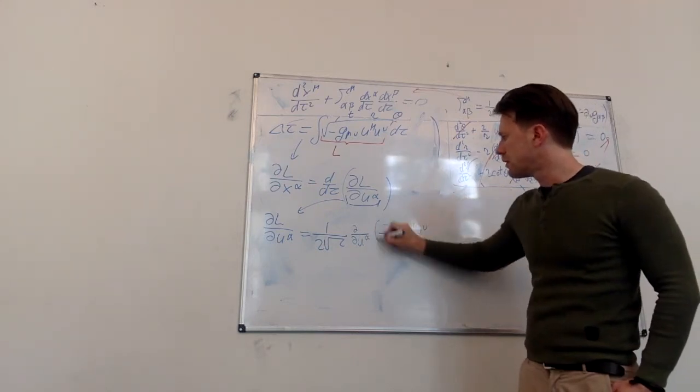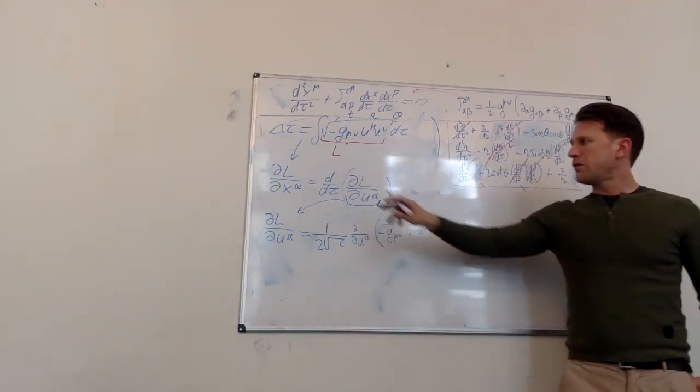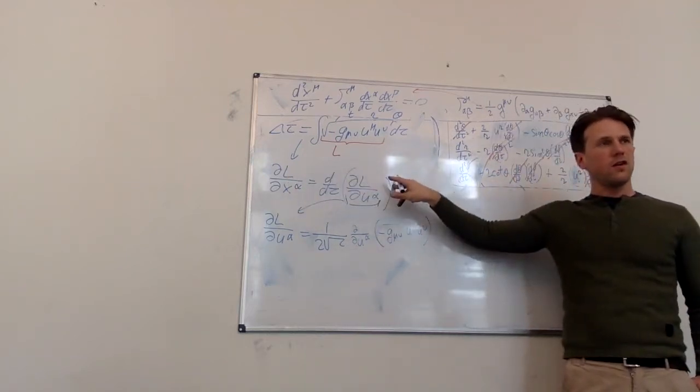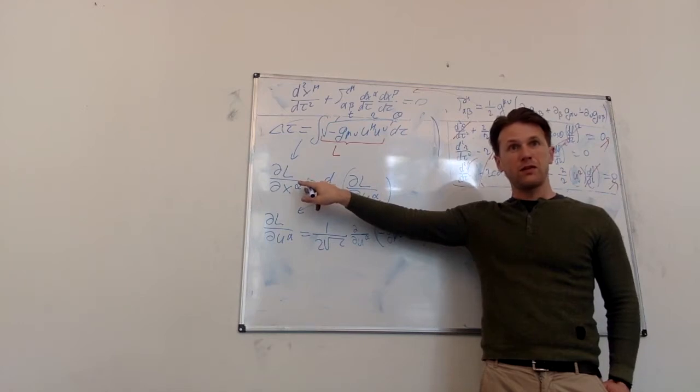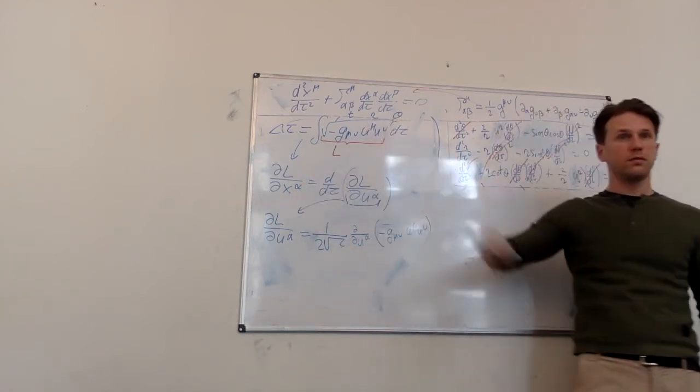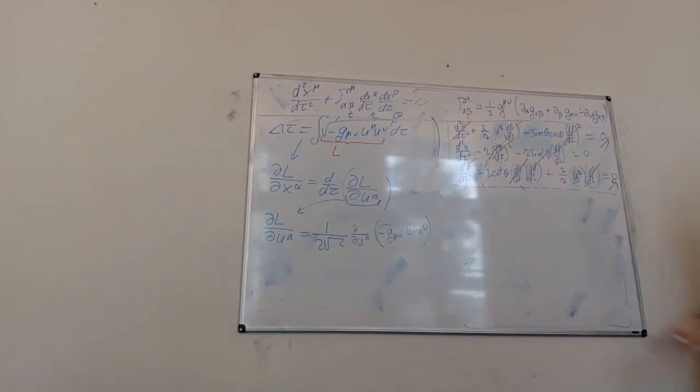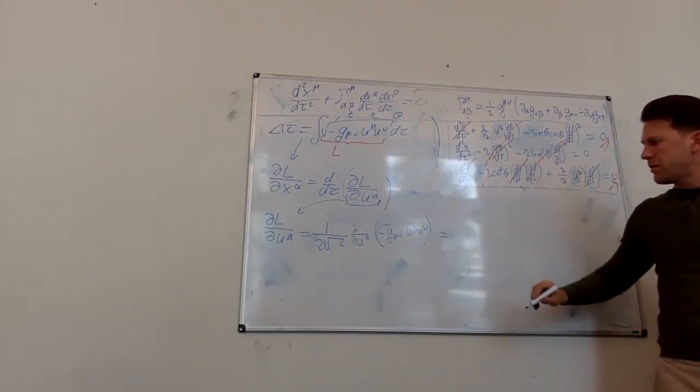No square root here. By the way, notice that when I wrote down my Euler-Lagrange equation here, I deliberately chose this index to be alpha, so as not to confuse it with this mu. Okay. Now, here's the step that I want you to be wary about.